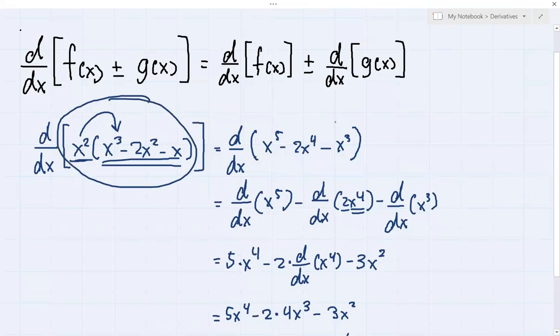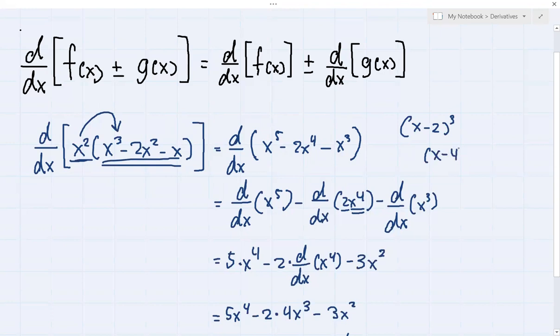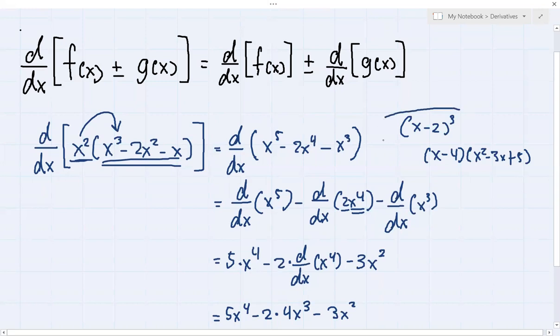So what if meron tayong mga polynomials na naka-exponent, katulad nito, x minus 2 raised to 3. Paano kaya to? O kaya what if we have x minus 4 times x squared minus 3x plus 5. So, paano to? How can we do that? Okay? So, ito, mga ganitong polynomial, we will discuss it at the next part.